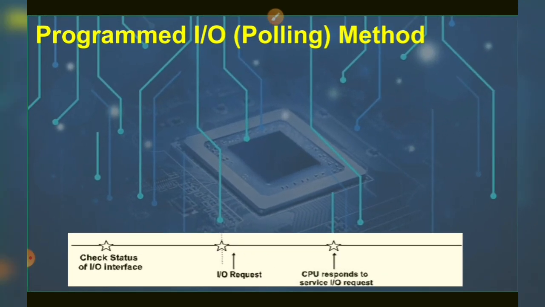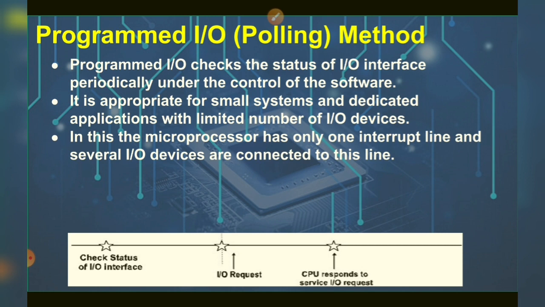First method. Polling method is also called programmed I/O method, as the MPU periodically checks devices under software control. In this system, the MPU has only one interrupt line for communication. This system would be appropriate only in cases where there are a limited number of I/O devices to be interfaced.